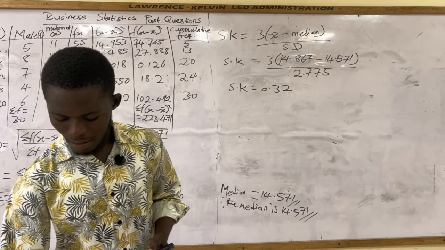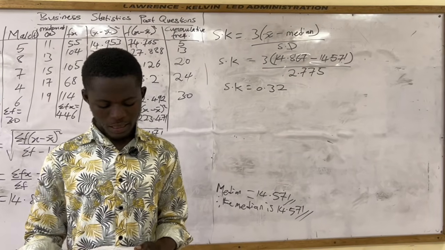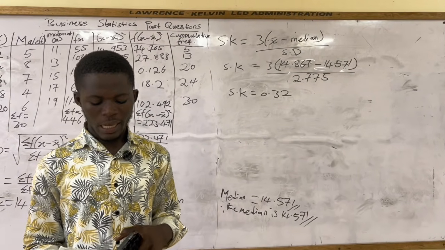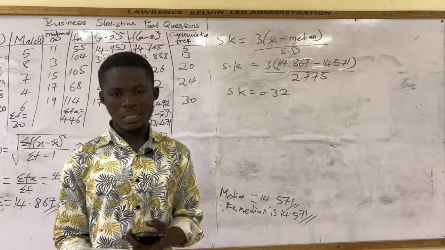So let me read what I have here. It says that a small positive value indicates the distribution is slightly positively skewed.